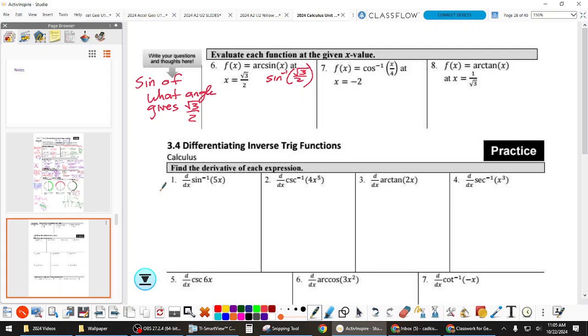That's what it's asking. So think of all your pi overs, right? What angle gives root 3 over 2? Pi over 6. No, actually, it is pi over 3. Yeah, it's pi over 3. Okay, that's all. Just being able to do that, though, without a calculator or a reference. So pi over 3.